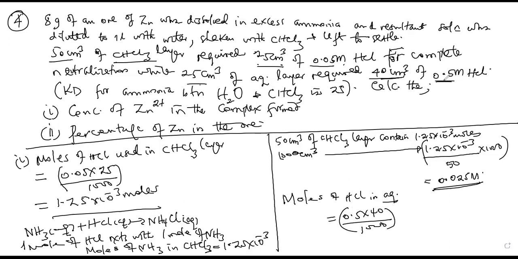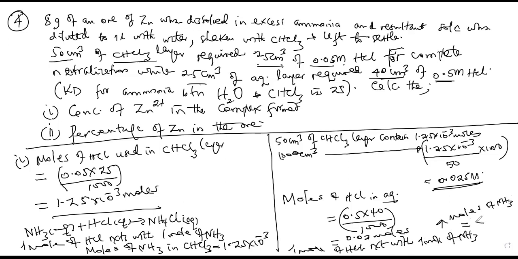These moles are equal to 0.02 moles. By mole reaction ratio, still 1 mole of HCl reacts with 1 mole of ammonia, implying that moles of NH3 are the same, 0.02.